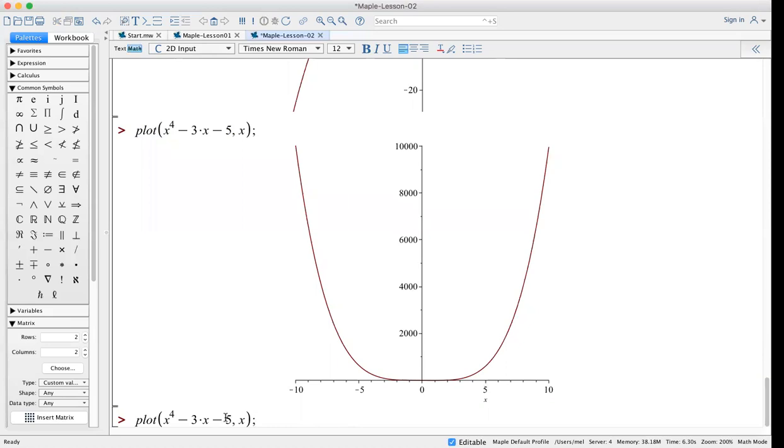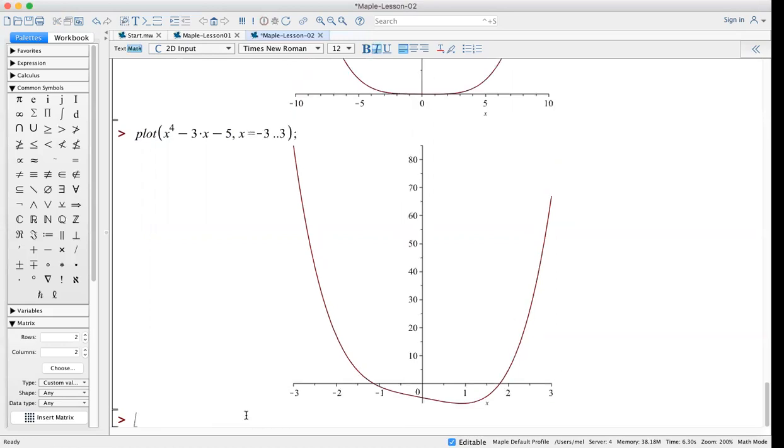If I graph this, let's say from -3 to 3, you see a little bit more clearly what's going on down there. Plotting is really important. It's an incredible feature of Maple, that a simple word plot will allow you to construct the graph of the thing.